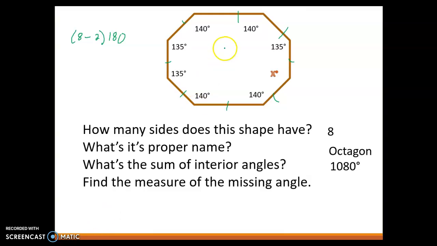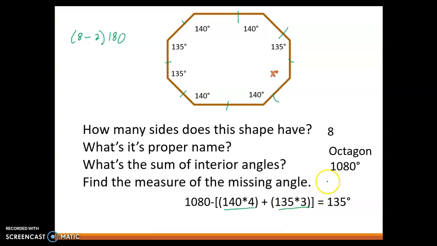So to find the measure of the missing angle, we're going to take 1080 and subtract all of these known angles that I have here. So I notice that I have 4 of the 140 degrees and 3 of the 135 degrees. So I'm going to take 1080 and subtract 4 140s and 3 135s, and I find that my missing angle is 135 degrees. Do make sure that you include that degree symbol there.